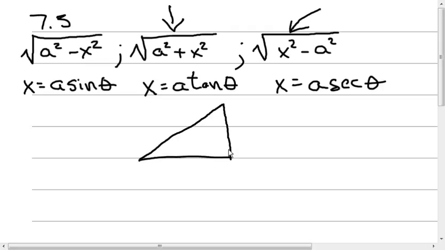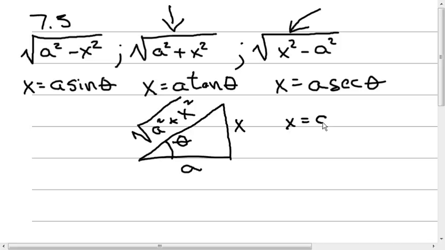And we can then say, well, this is x, this is a, and then this over here is going to be the square root of a squared plus x squared. And let's make this the angle theta now and see what happens. Then we have a situation where we're going to say x is equal to a times tangent of theta. Well, let's just write that out down here. X we claim is equal to a tangent of theta.